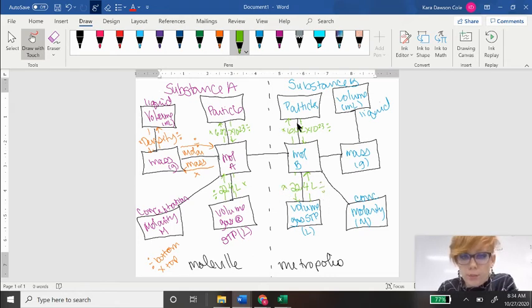So the green are the things that it doesn't matter what substance I have for. What does matter are the molar mass and the density. Density is substance specific and molar mass is also substance specific. So you have to pay attention to that. And again, we'll talk about this one a little later.